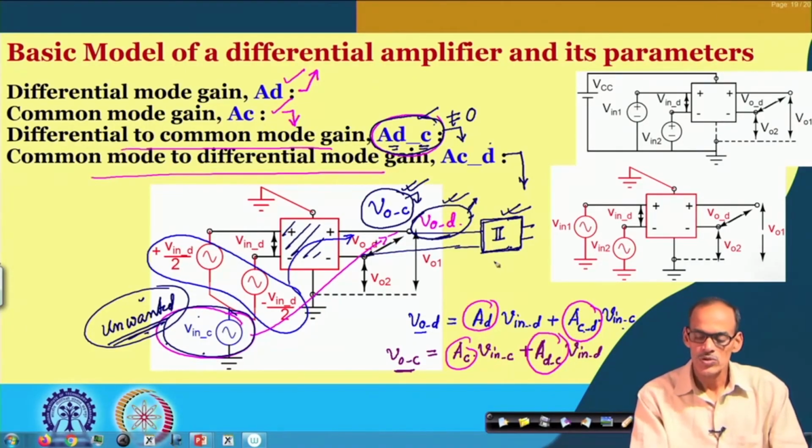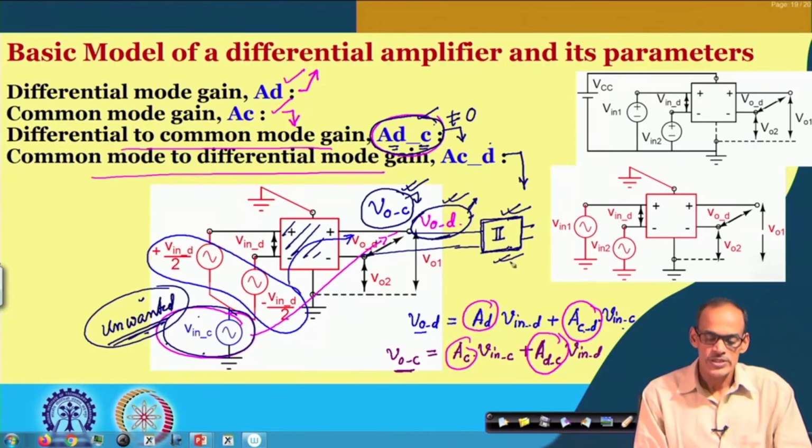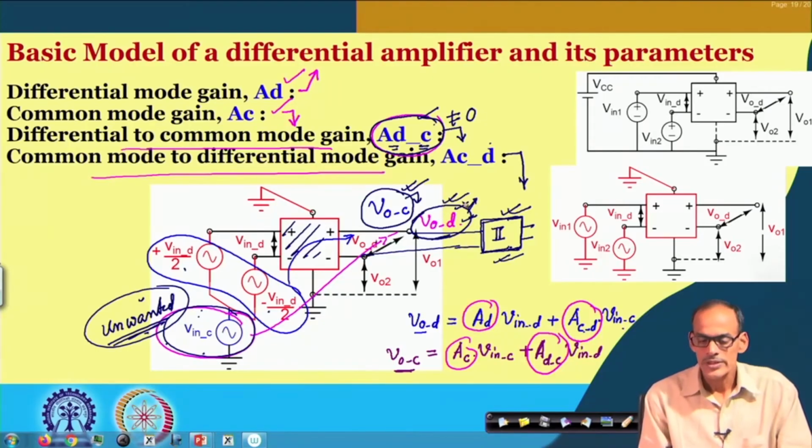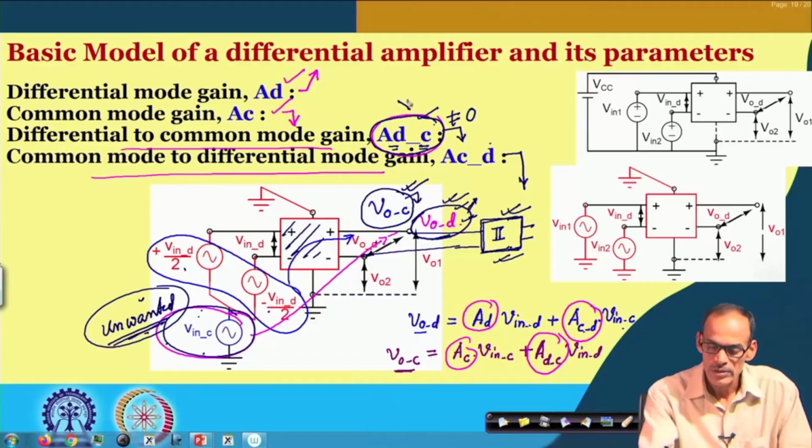This circuit will not be able to distinguish whether the unwanted signal is getting converted into differential form or the original differential signal is coming here, right. So, the summary is that this is the most dangerous thing.